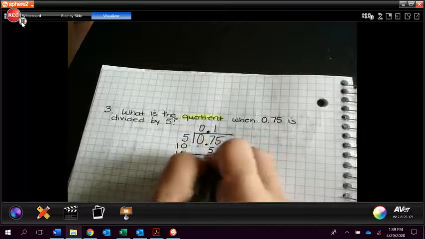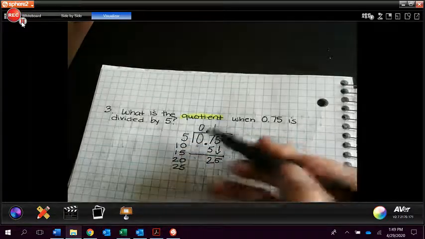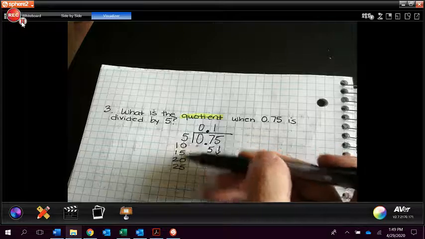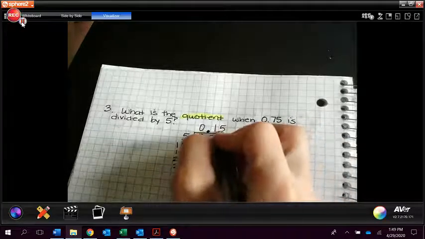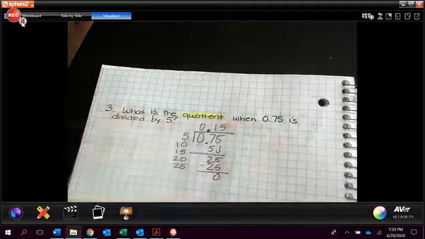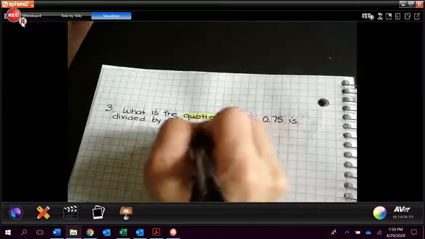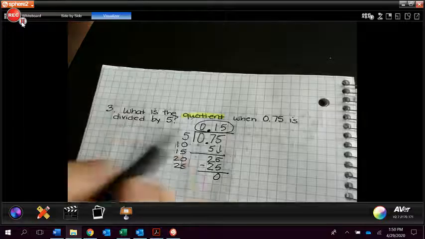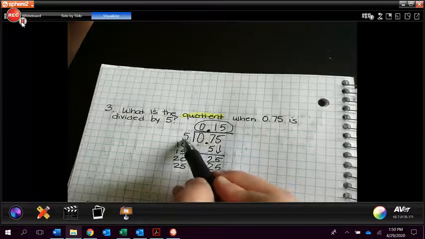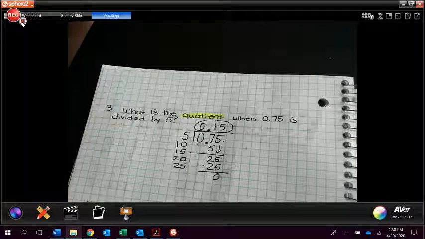We subtract, we bring our 5 down. And then how many times does 5 go into 25? We know it's 5 times. That gives us 25. And that is our answer, 0.15. And again, you can always multiply by 5 to make sure that we got the correct answer.